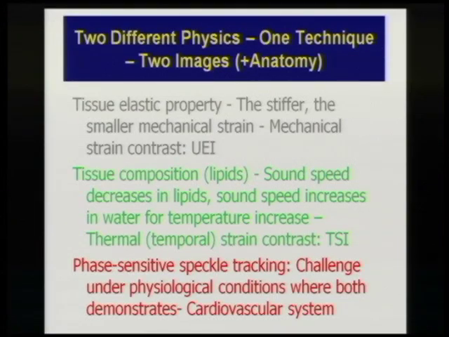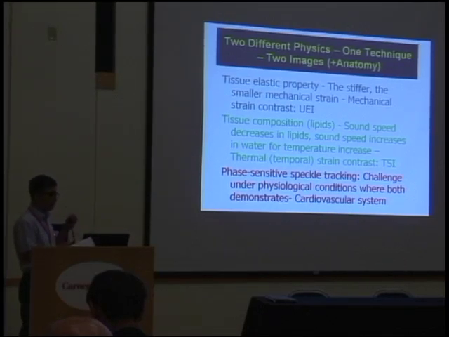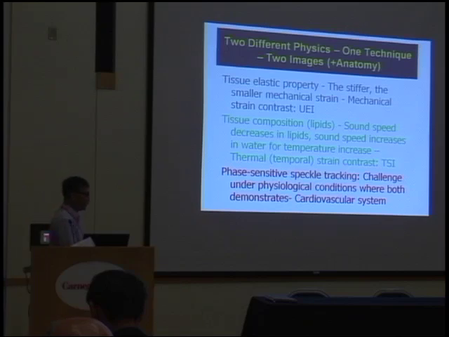To address these two, we collect RF data and use one technique based on spectral tracking. These two strains look similar in the cardiovascular system, which makes them challenging to separate. The relevant way is to ECG gate to eliminate the mechanical strain from your thermal strain as temperature increases.